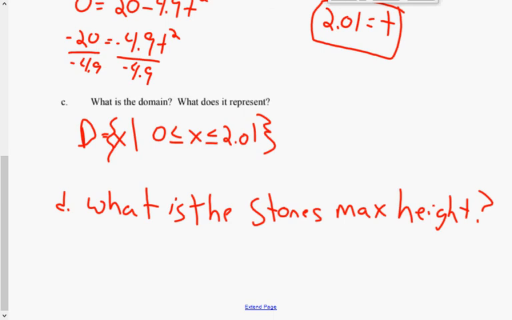Sorry. All right, so where's this max height going to be? What point of the graph? The vertex. Good. Could we find another point on the vertex? Maybe not the height, but could we find the time that happens at first? Yeah, that's my p-value. Right? So my p-value equals negative b over 2a.